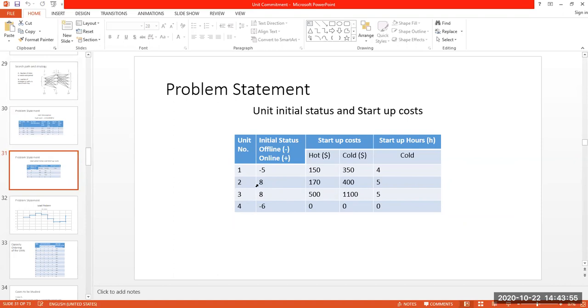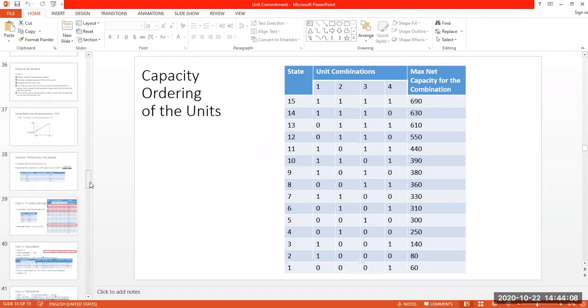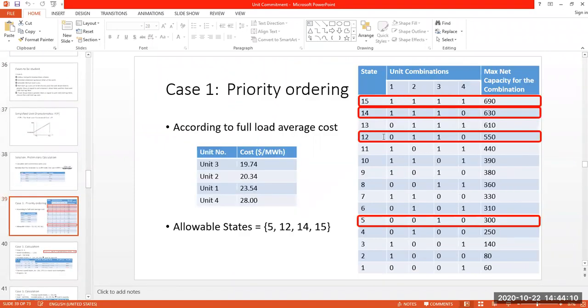So their initial status is on, and they have been on for the last 8 hours. So the status is basically 0, 1, 1, 0, which means in our capacity ordering table, I'm basically here, okay, 0, 1, 1, and 0. So the initial status to start with is state number 12.